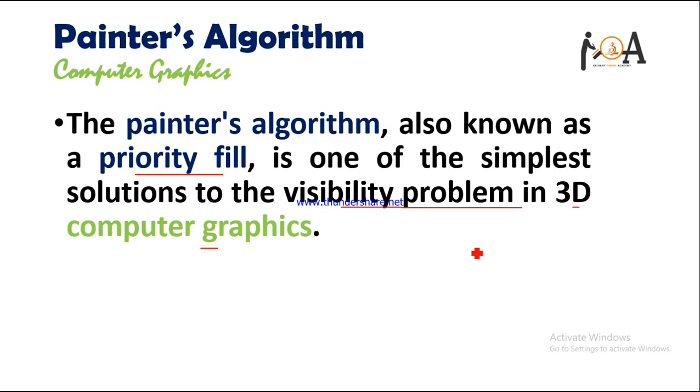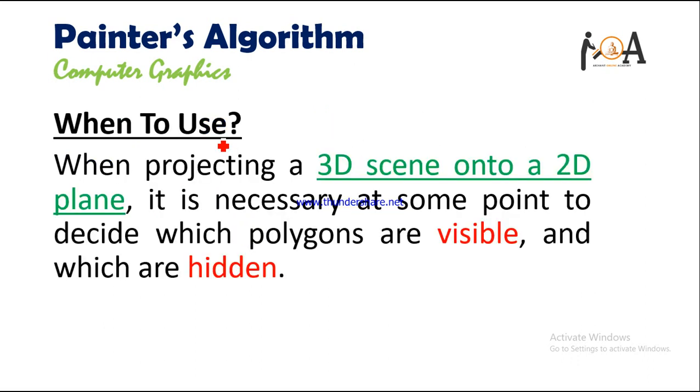Suppose you want to convert any image to a different dimension, or you want to see every part of the image clearly, then there might be some kind of visibility problem. So to solve that visibility problem in images, the priority fill algorithm, or you can say Painter's algorithm, is used. So when do we use the Painter's algorithm?